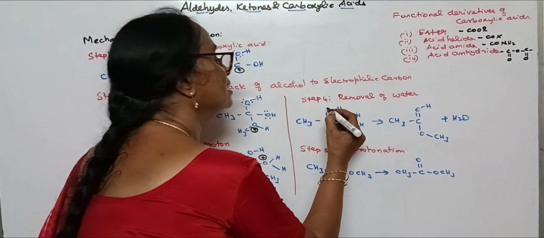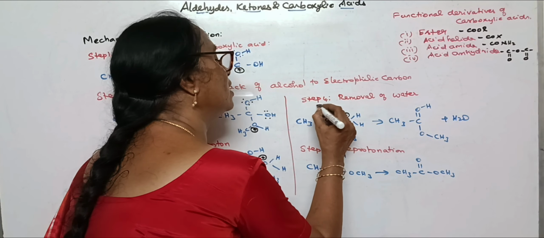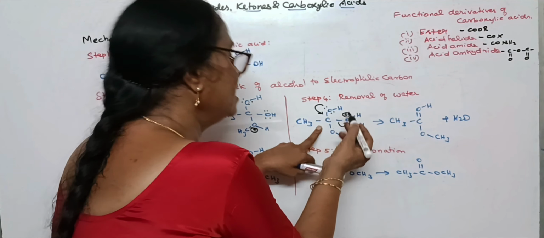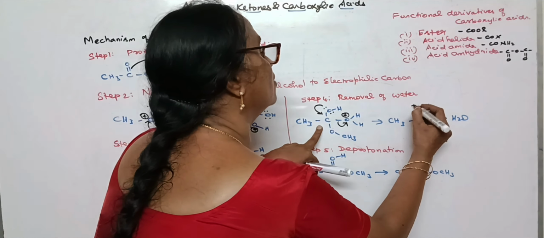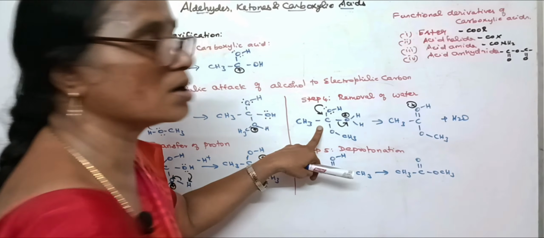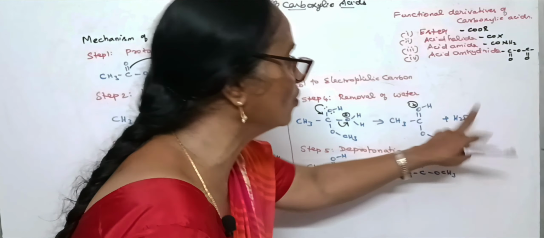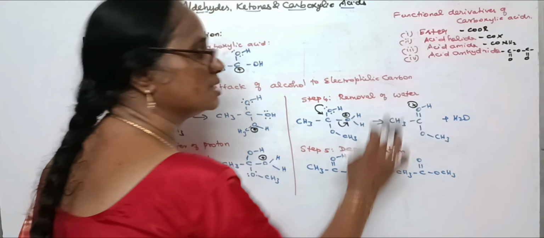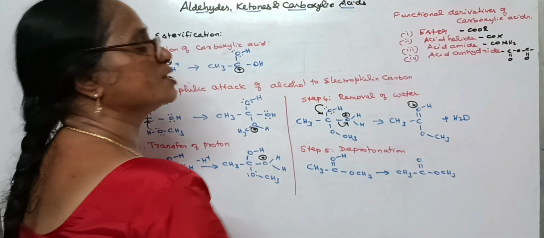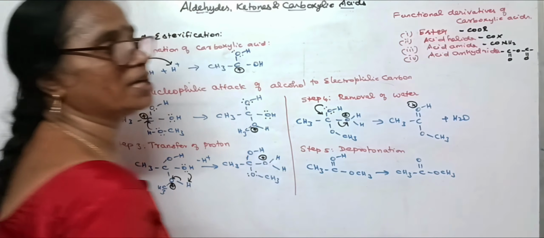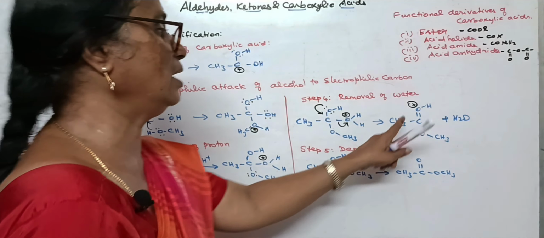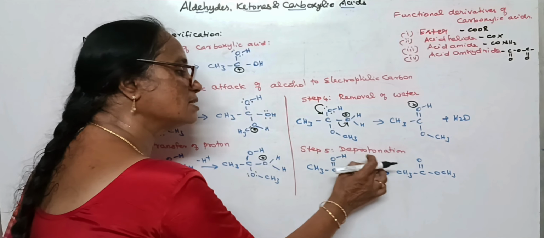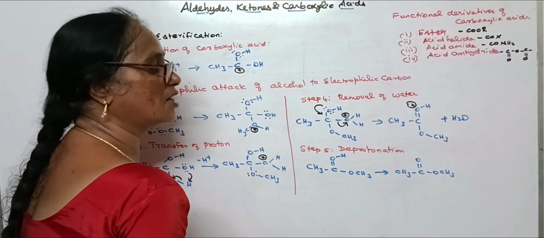Here the subsequent transfer of one of the lone pair electrons towards the carbon takes place, and hence the positive charge is now shifted to another oxygen atom upon the removal of water. The last step: once again oxygen carries the positive charge, so a deprotonation occurs, then only we will get a pi bond between the carbon and oxygen. So the last step is deprotonation of the compound.